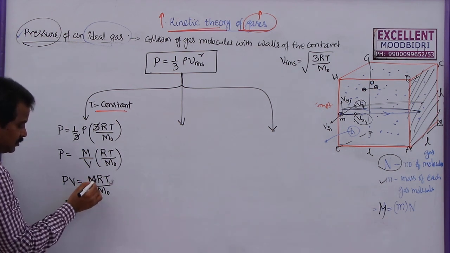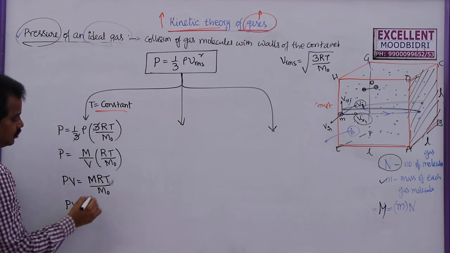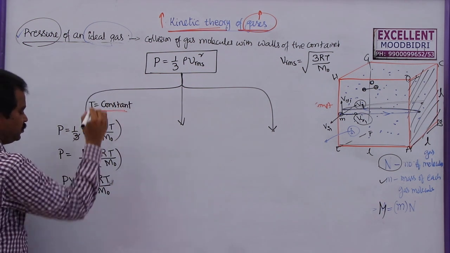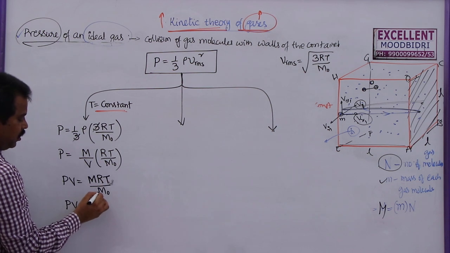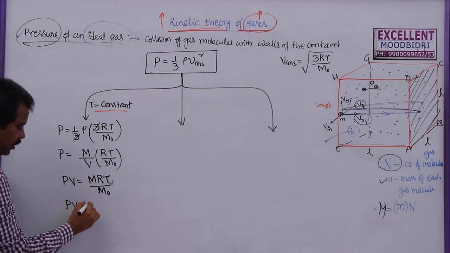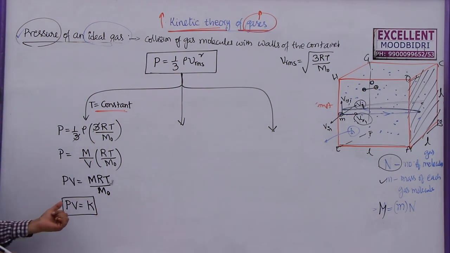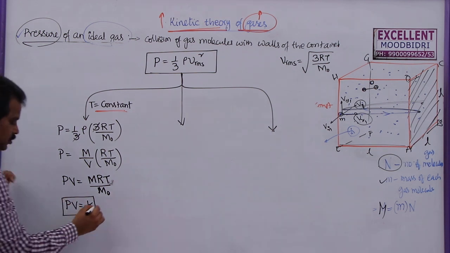The mass of the given gas is always constant. R is the universal gas constant. As we assume the temperature is constant, T will be constant, and the molecular weight of a given gas is always constant. So all the terms on the right side are constant. So PV is equal to K. That means the product of pressure and volume of a gas is constant.